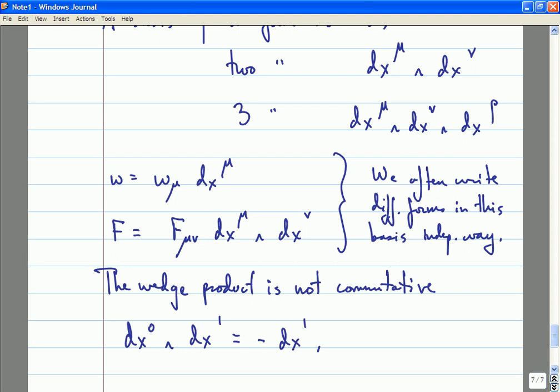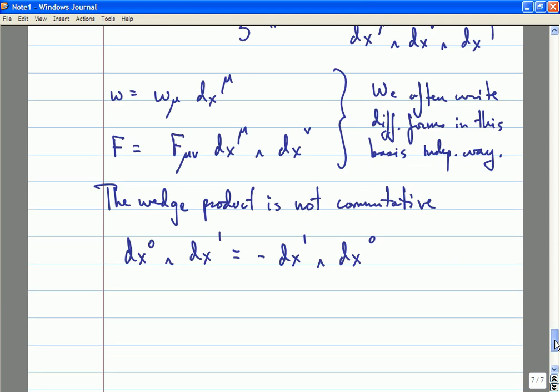Because when you interchange any two indices, you pick up a minus sign because of the definition of the wedge product involving anti-symmetrization. Or more generally, if you have the one form df, remember, which is the one form with components d by dx mu of the scalar f, and you wedge it with another one form dg, then you get minus dg wedge df.